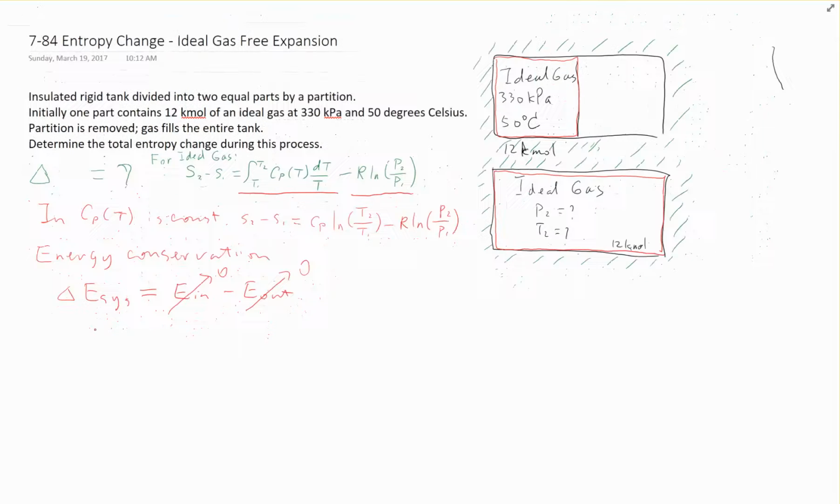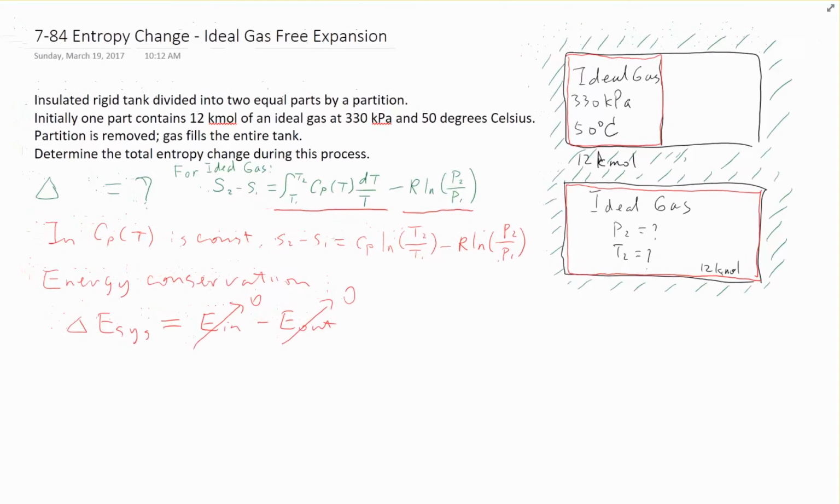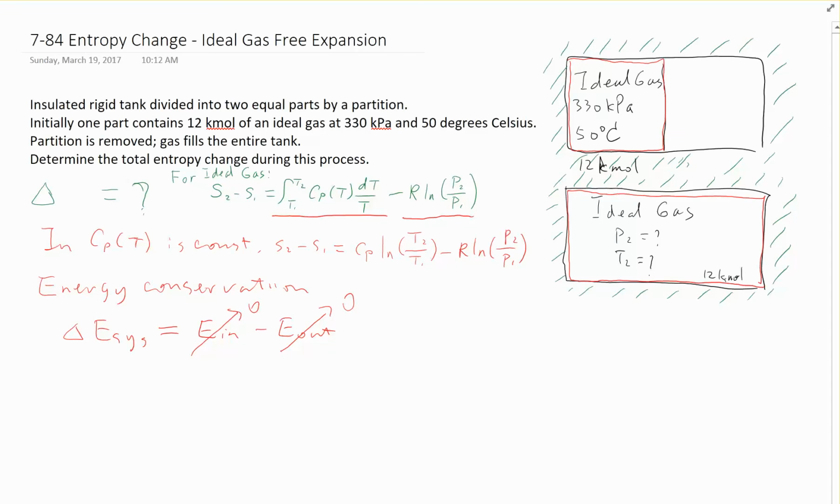So the only change we need to consider for the system's energy is the internal energy. So delta U system is 0, and that's a very important recognition.